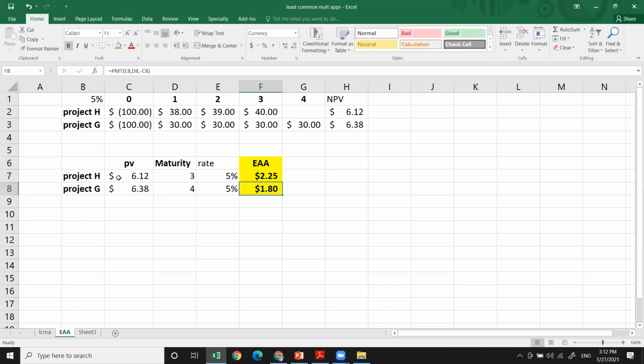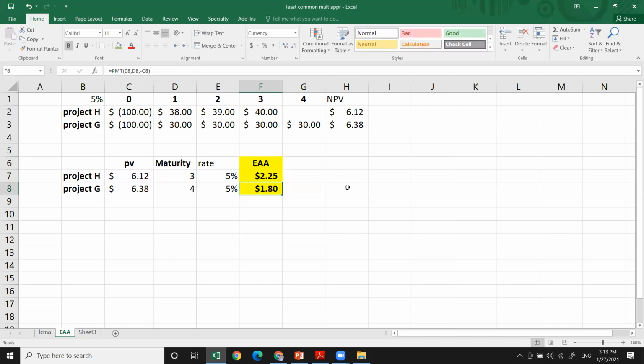I close the bracket and press enter. And should we put the minus sign before? Why minus? Because the Excel function accepts the present value as a negative number. So in order to have the regular number in here, I should treat it in this way. If I don't put this minus, I will get a negative number.